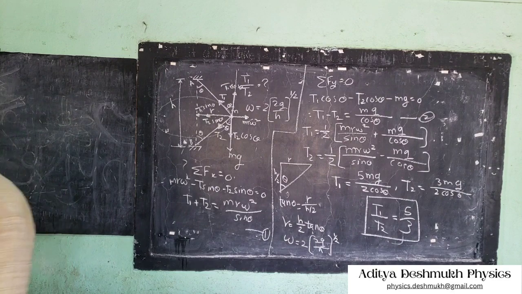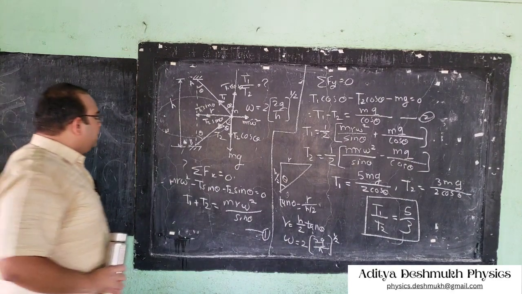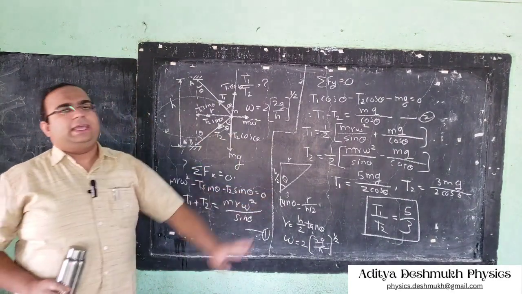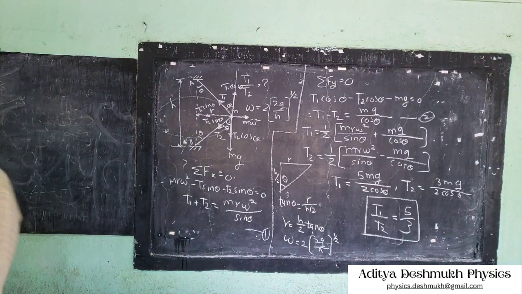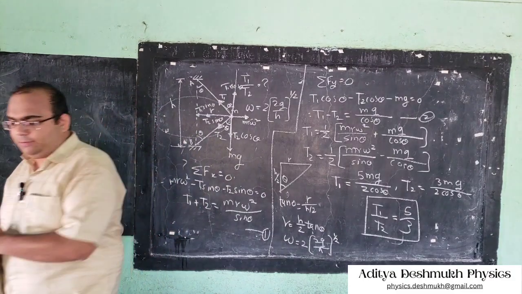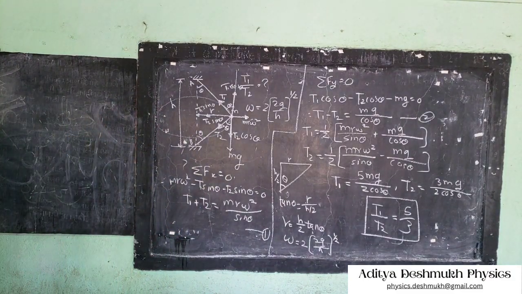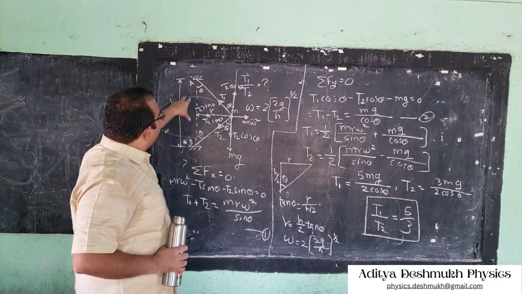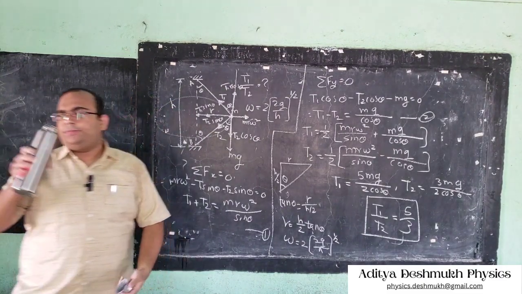Finding the solution is easy if you know the basics of mechanics. If you know the basics of mechanics, you will not have any problem solving this type of example where the system might seem difficult.